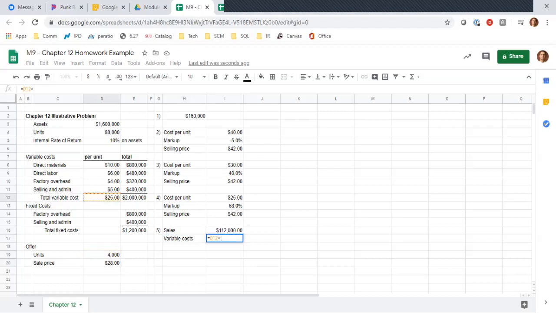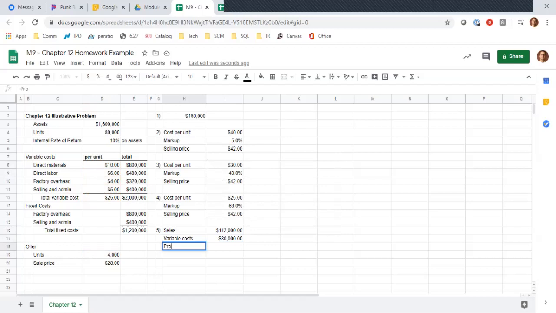Oh, sorry, it's not going to be $25. Made a mistake there because the problem said we're not going to have to incur selling and administrative expenses. Okay, so our variable cost per unit for this is just our factory overhead. So we're going to take our product related costs multiplied by the number of units, and that gets us $80,000 in variable costs associated with those sales.